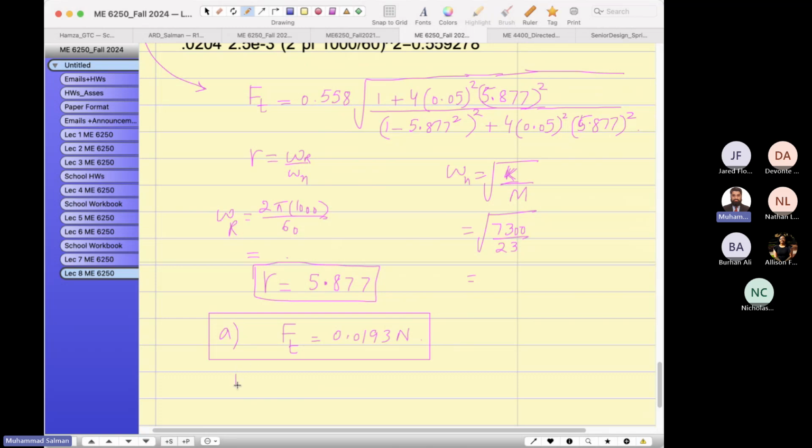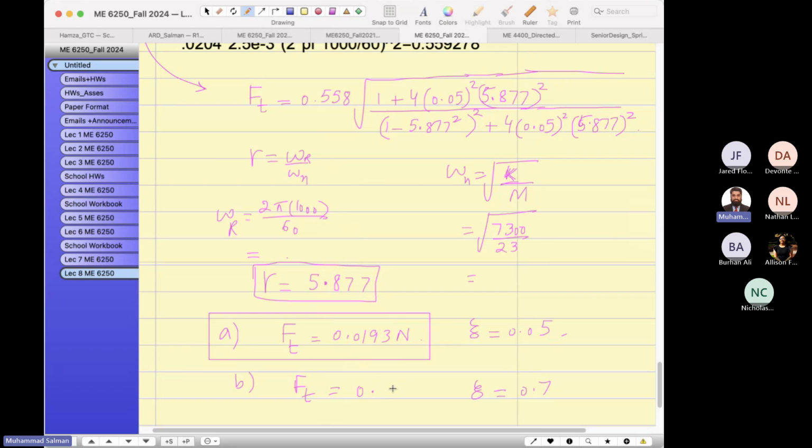Similarly, I haven't solved for B, but you can solve it at home. The transmitted force would be a little bit bigger when zeta value is 0.7. This is for zeta is 0.05. This is for zeta equals 0.7.